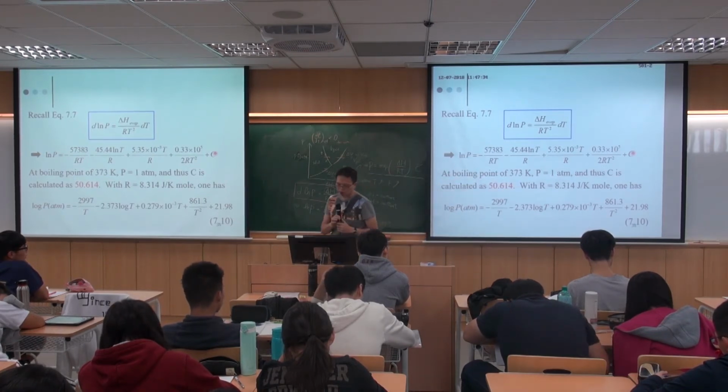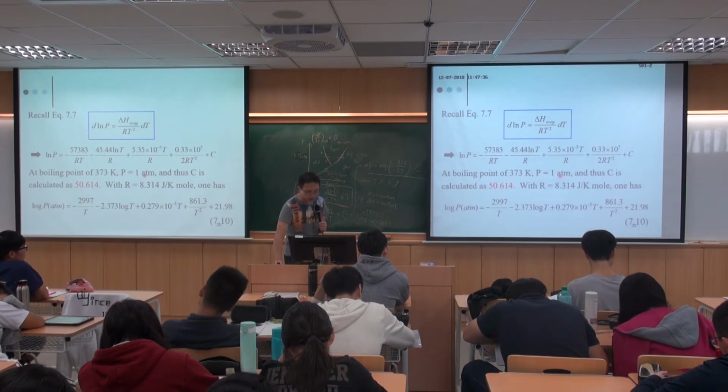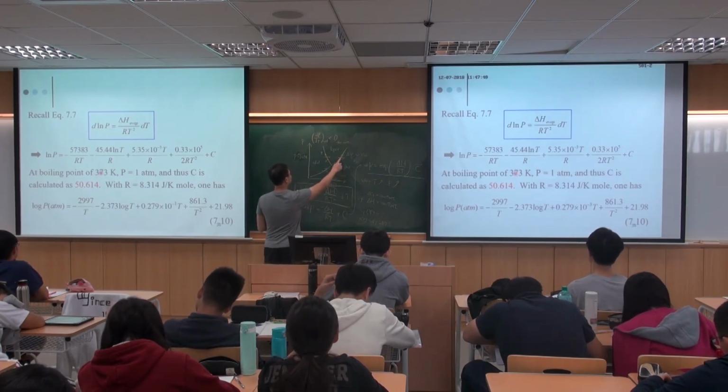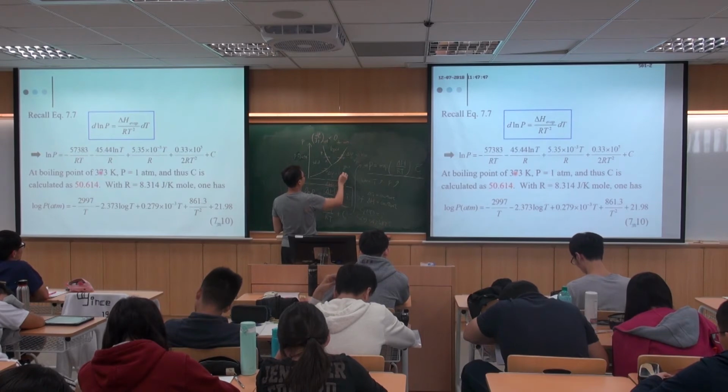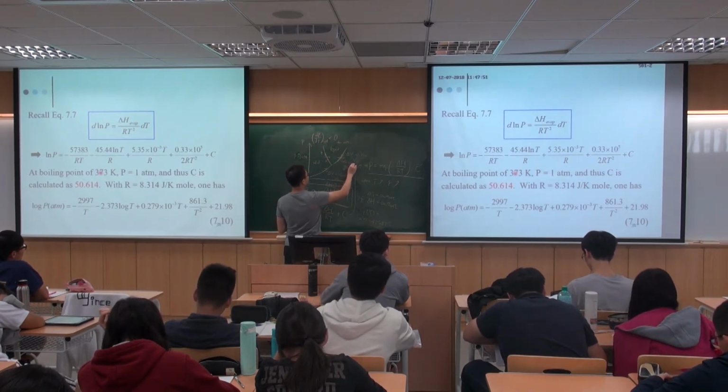In this case, which is the standard problem, we know that the boiling point is at 1 atmospheric pressure and 100 degrees Celsius, which corresponds to 373 Kelvin.